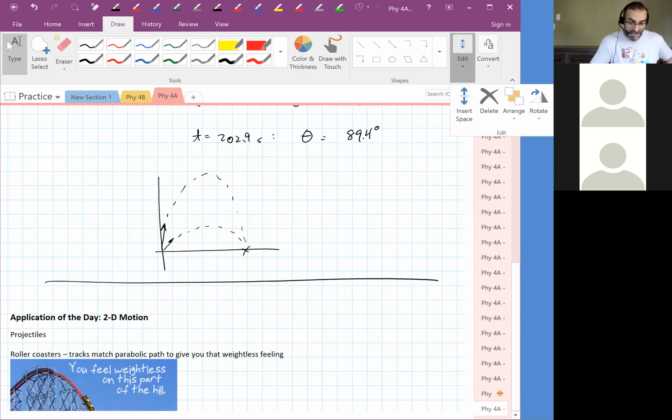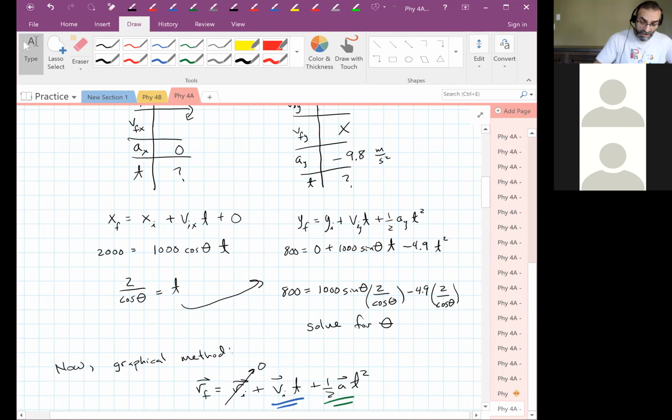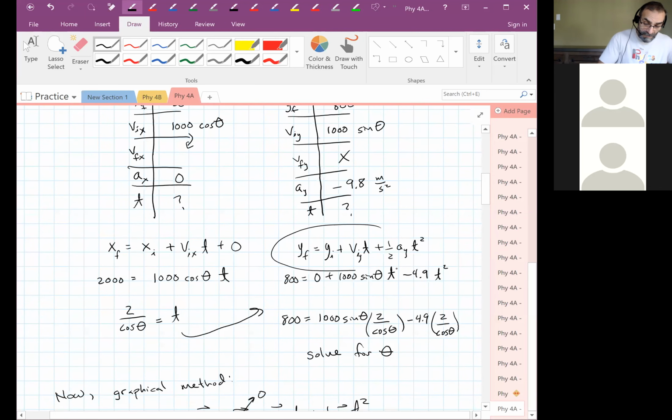So this is the question about this. We're taking the side, we're using our normal equation here, right? So we have a 1/2 a t squared. Well, a is 9.8, so 1/2 a is 4.9, right? So we have a 4.9 t squared.